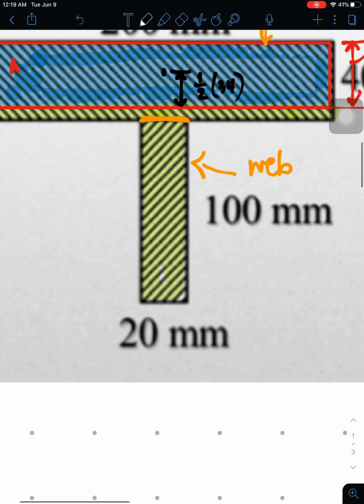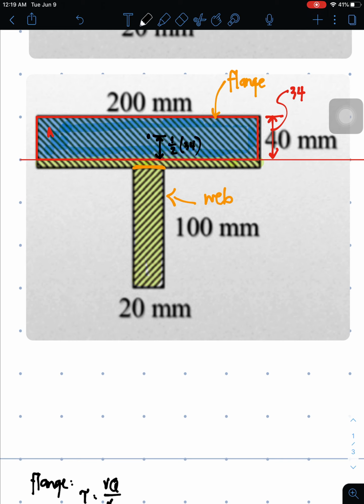what is this one? Is it 20? Let me just try first. 20 times 100, and then times 56. Is that right?